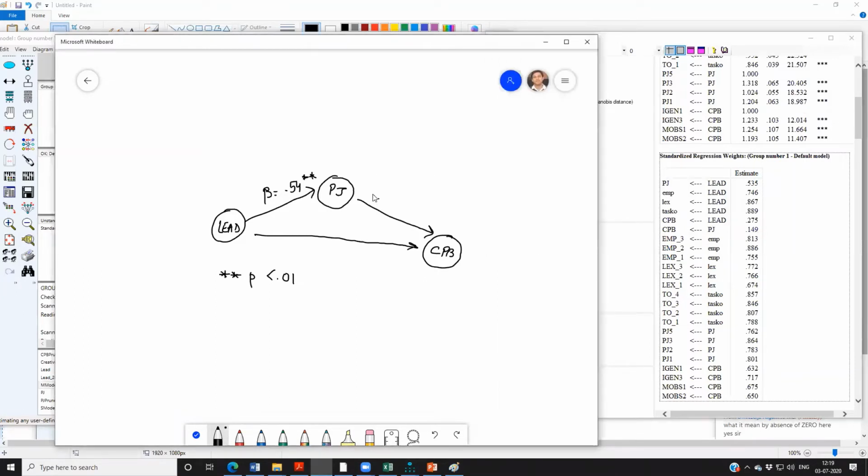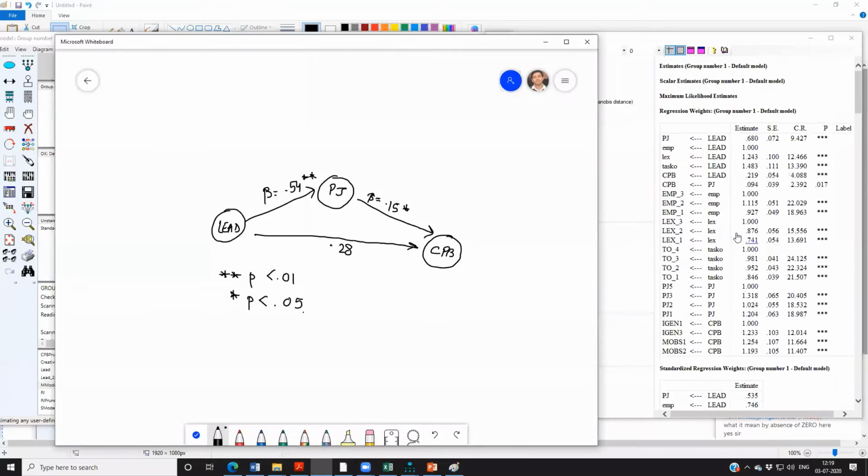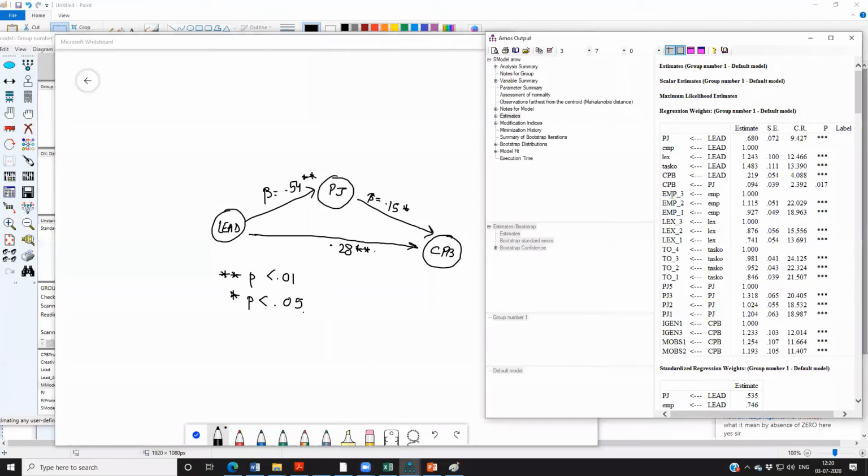I will call this beta equal to 0.15 and one star. What is one star? One star is less than 0.05. And lead to CPB is 0.28, and the significance is three stars. This is the output of my result.